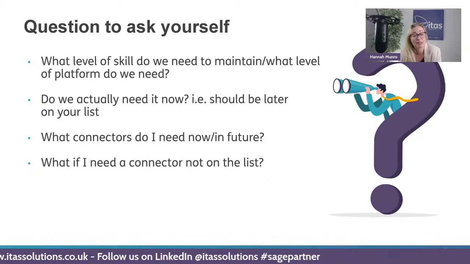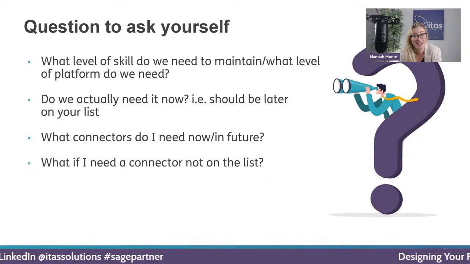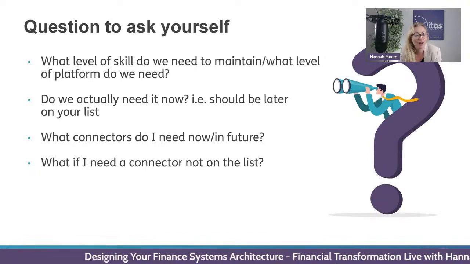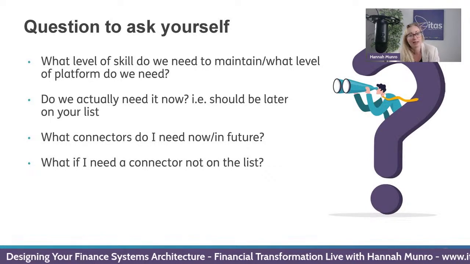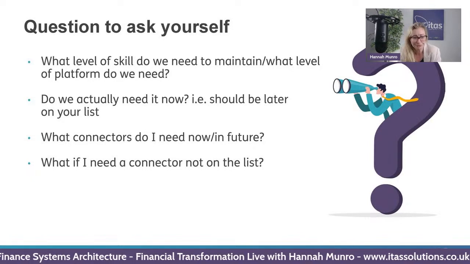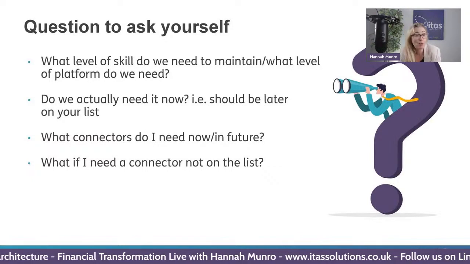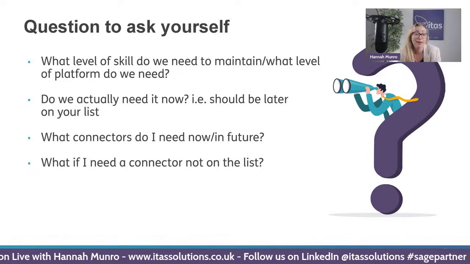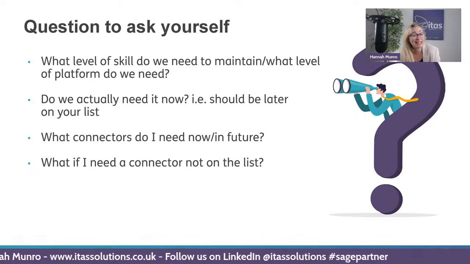And sometimes having a simpler forecasting module and embedding the principles of doing forecasting in a system, and getting that rigor involved, is better than going whole hog for really complex and powerful systems. So you need to think about what level of skill we need to maintain that particular platform, and what level of platform we need.